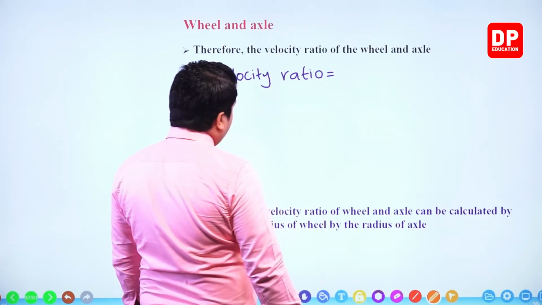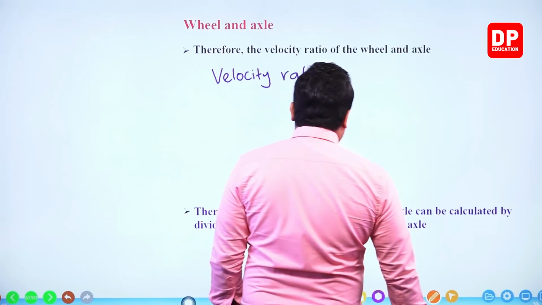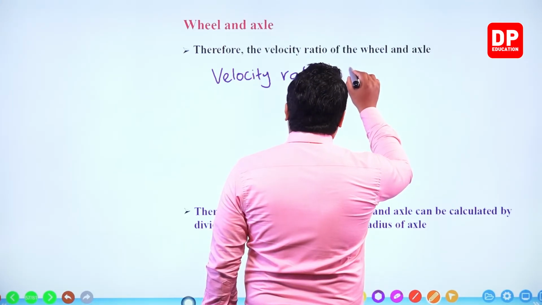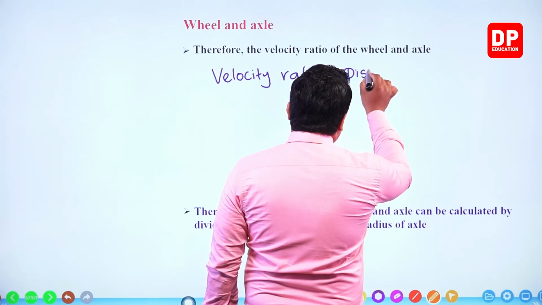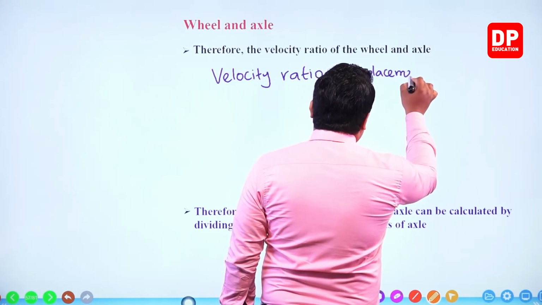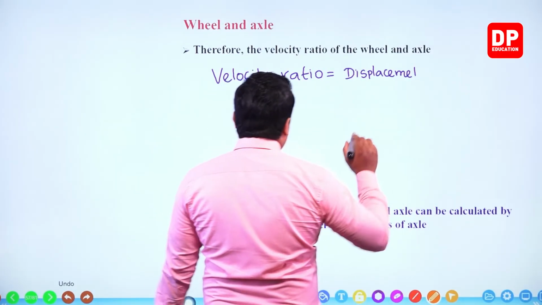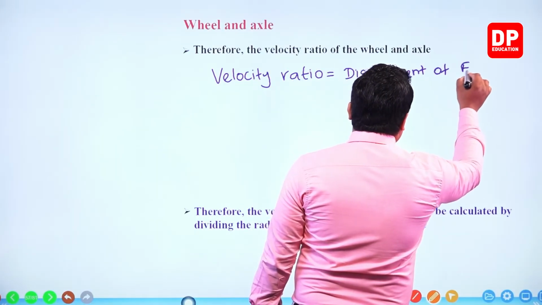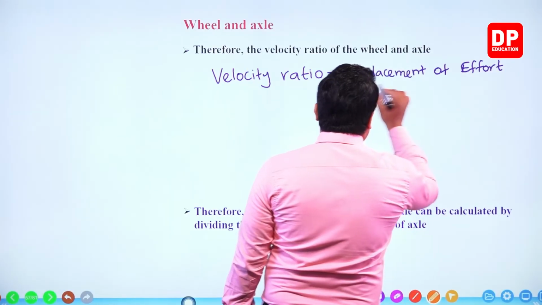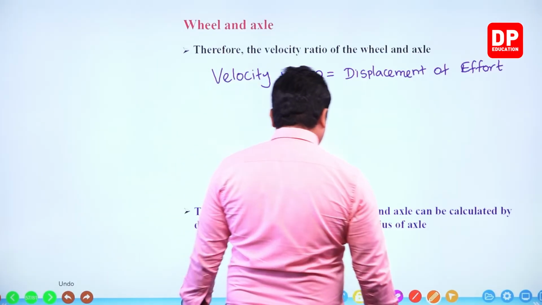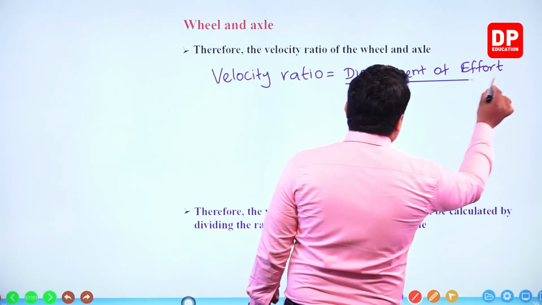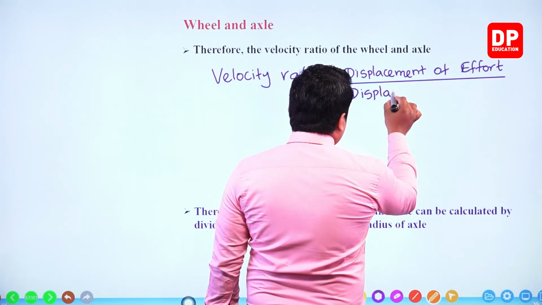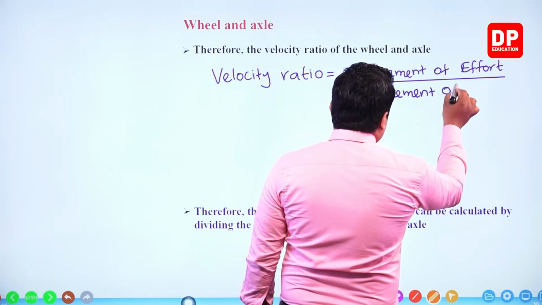Velocity ratio is the distance or the displacement of effort divided by the displacement of load.